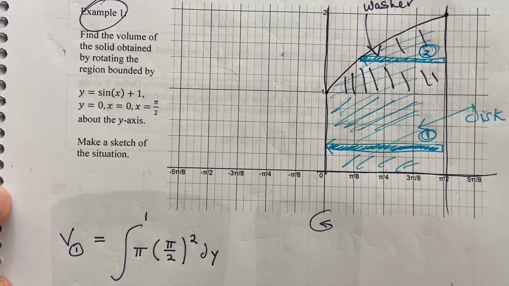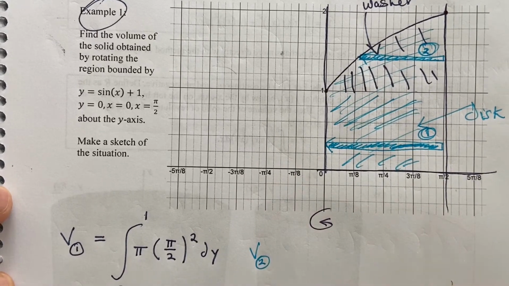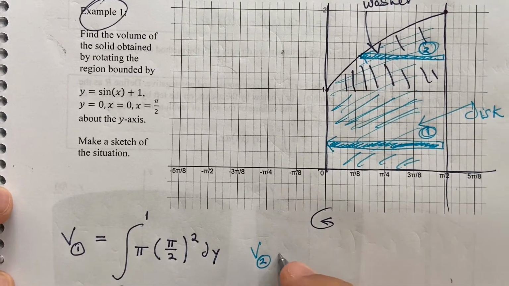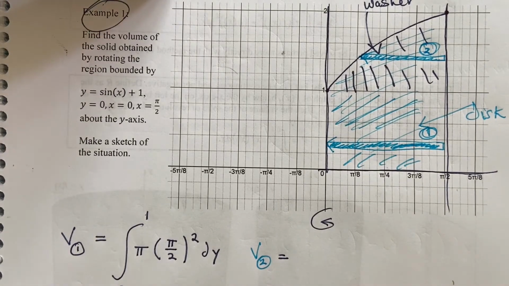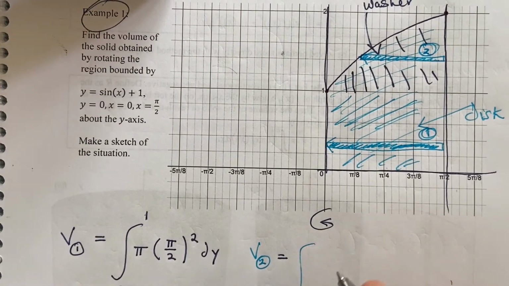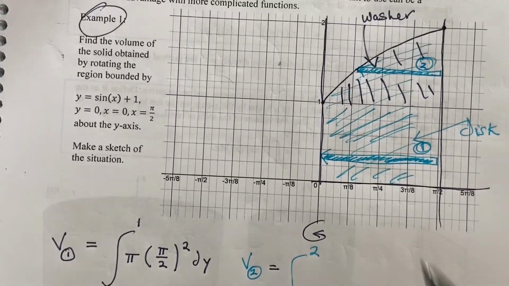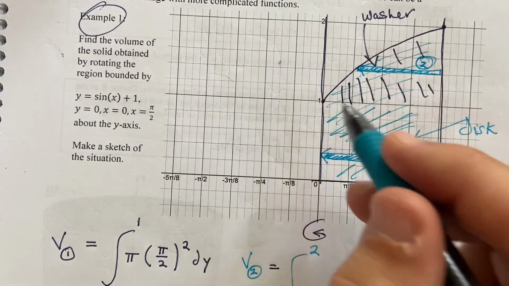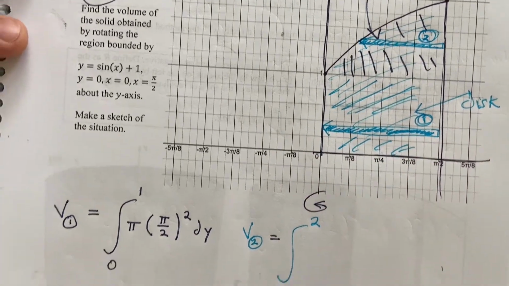And then the volume of region 2, we would need the washer method here. So maybe I'll keep it in light blue. We'll go from 1 to 2, sorry. Right now I'm going from this region, 1 to 2. And the outer function is still this pi over 2.